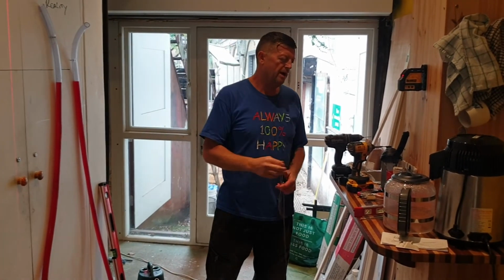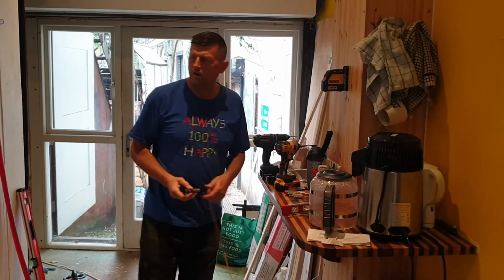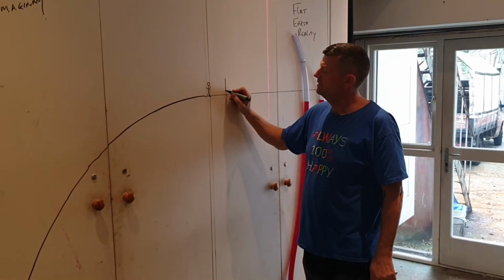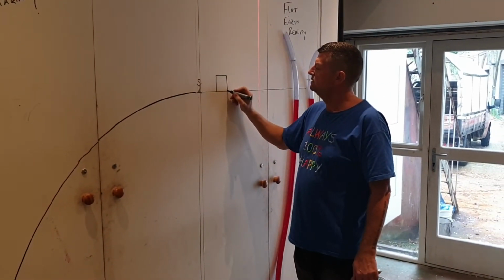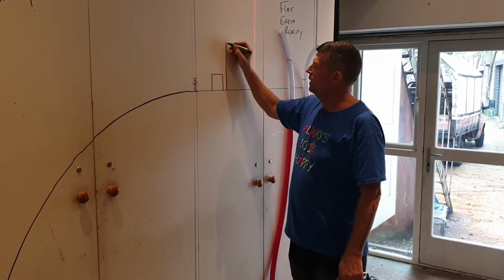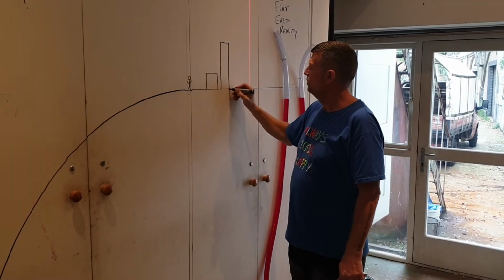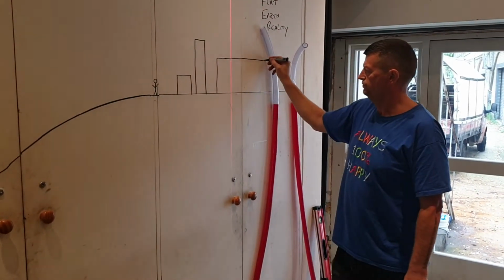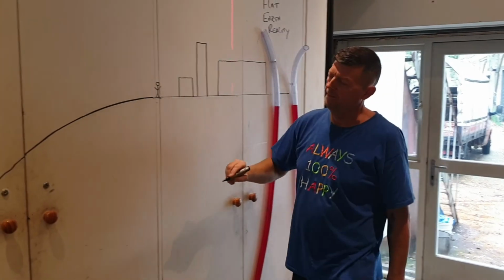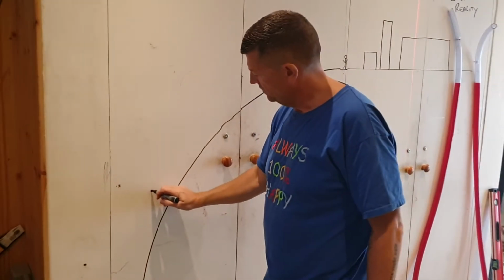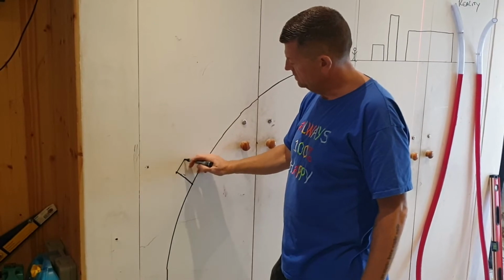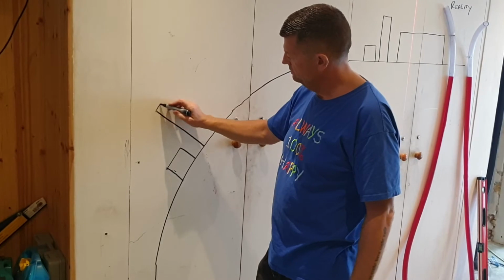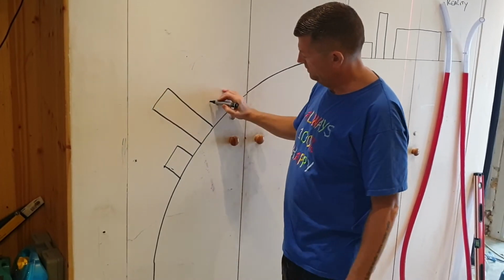So I'm going to draw a few houses on our flat earth, and we'll draw a few houses on our globe earth. Okay? We'll do equal houses, a little small one, a smaller one, and a wide one.